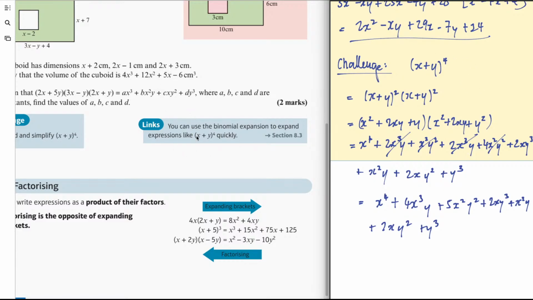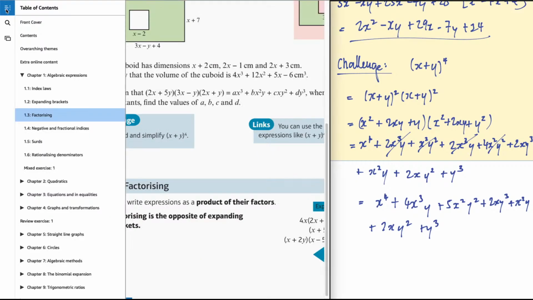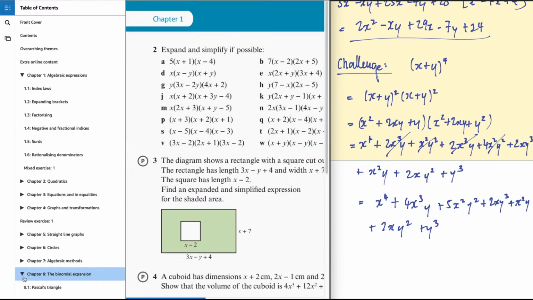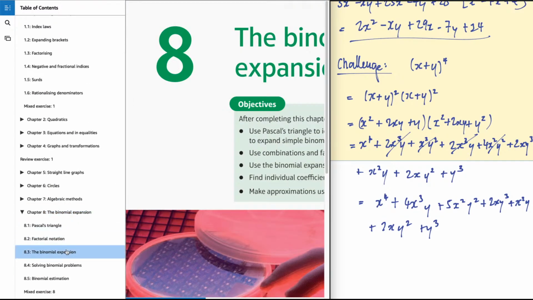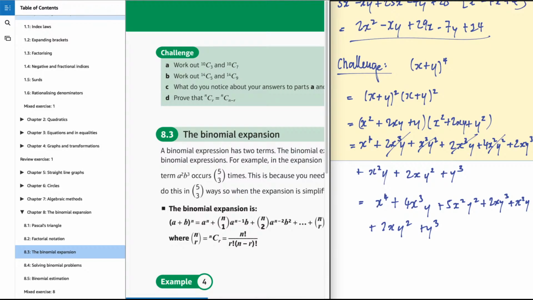What do you think? Yes, the shortcut. Alright, so binomial expansion.